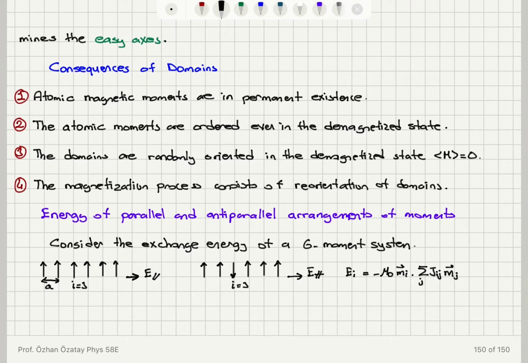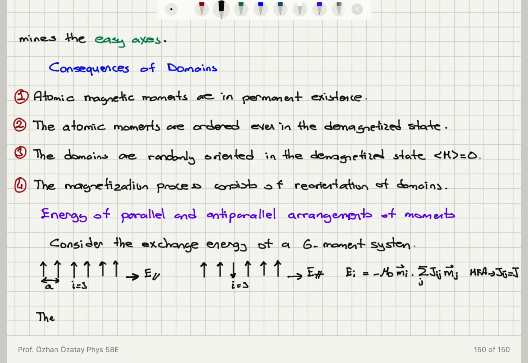And within the mean field approximation, J_ij values are set equal to J. So regardless of the distance between the moments, we have the same coupling constant between these moments. Then I can write the total energy.